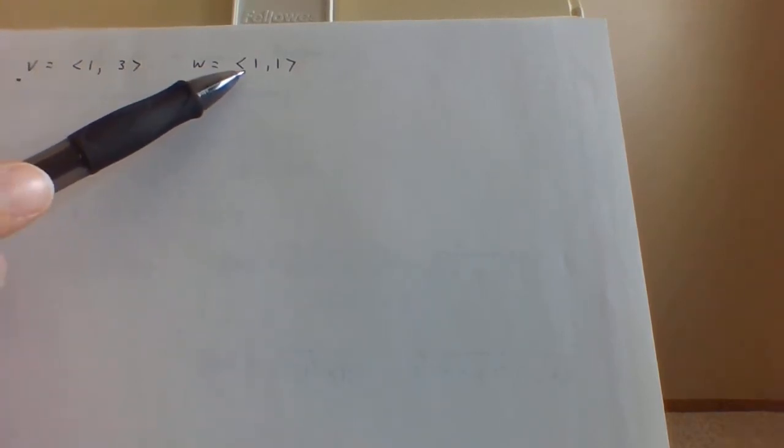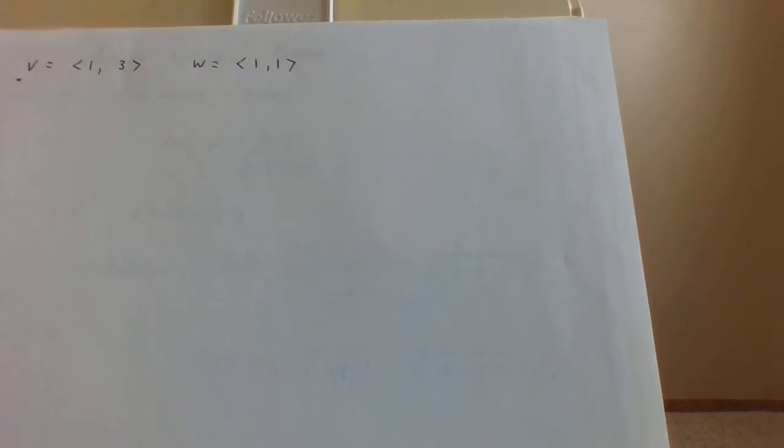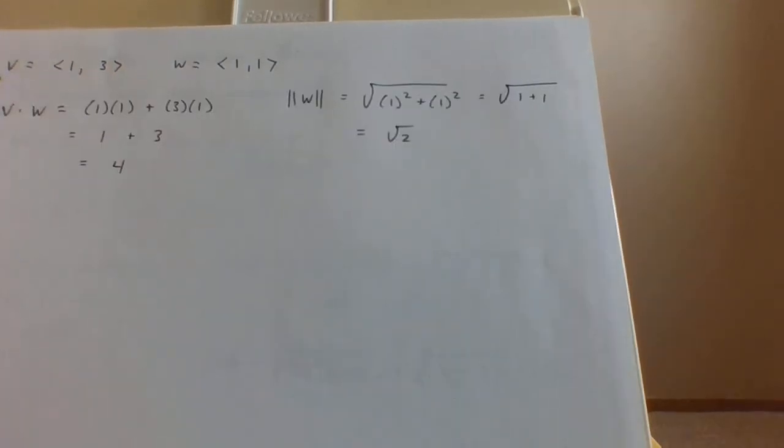Let's start with these two vectors. Vector V is going to be 1, 3, and vector W is going to be 1, 1. Let's go ahead and get the two components that we need, the dot product and the magnitude of W. When we calculate the dot product of V and W, we're going to multiply our x components, multiply the y components of each vector, and then add them together.